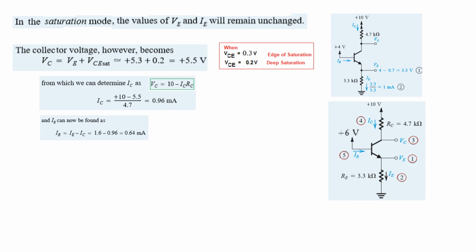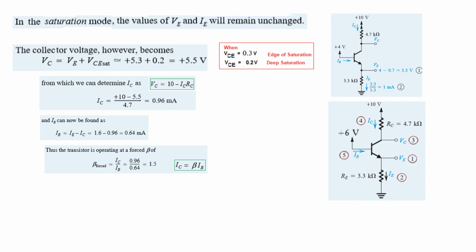So we found all the parameters and we also confirmed that this is operating actually in the saturation mode. Now the transistor is operating at forced beta, and forced beta is IC over IB. We know IC is beta times IB.